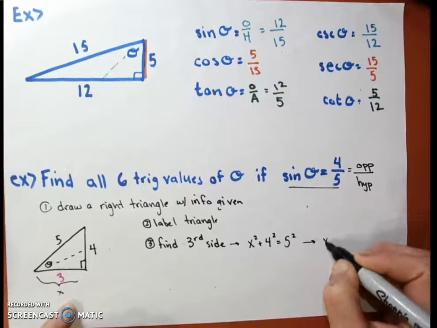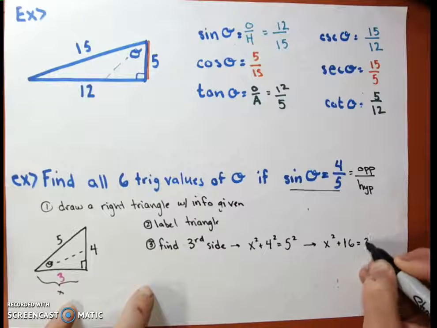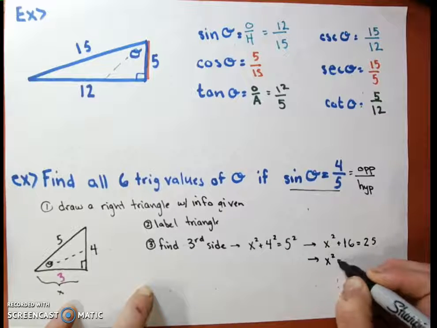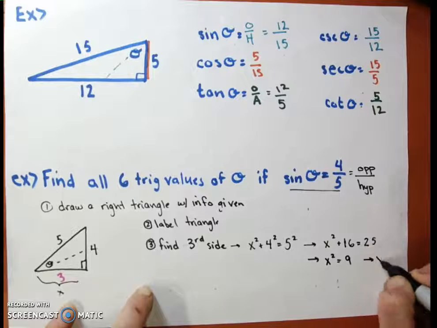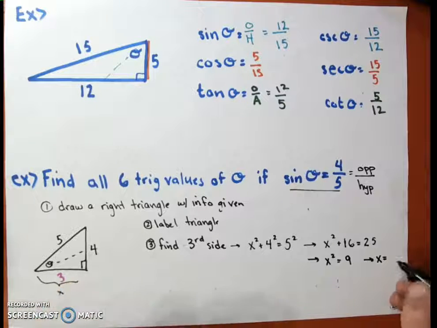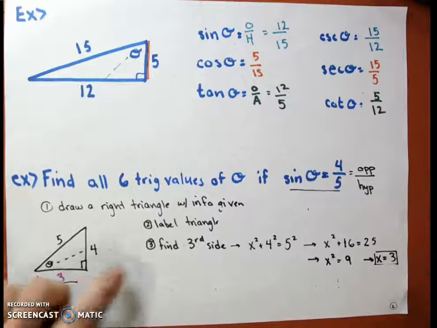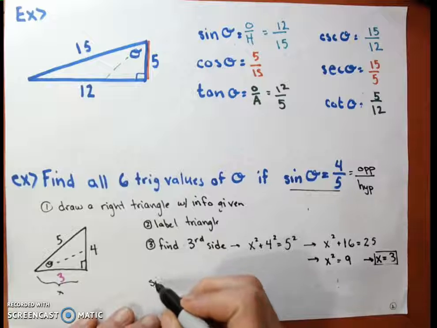So x squared plus 16 equals 25. That tells me that x squared equals 25 minus 16, which is 9, which tells me that x equals plus or minus 3, but since I'm looking for a side length, I can just take the plus, so x equals 3.